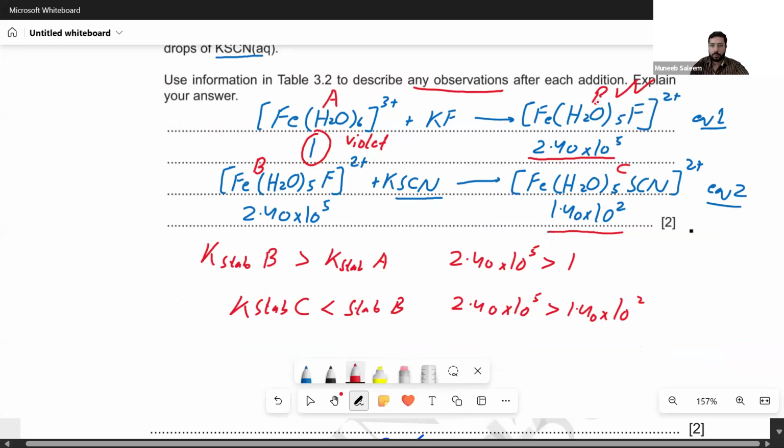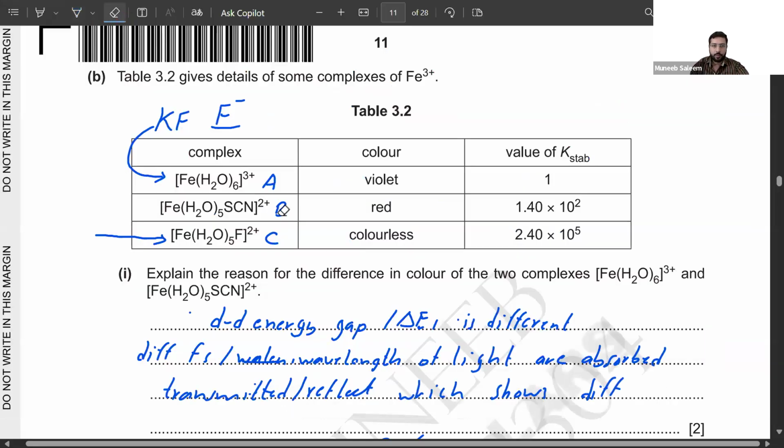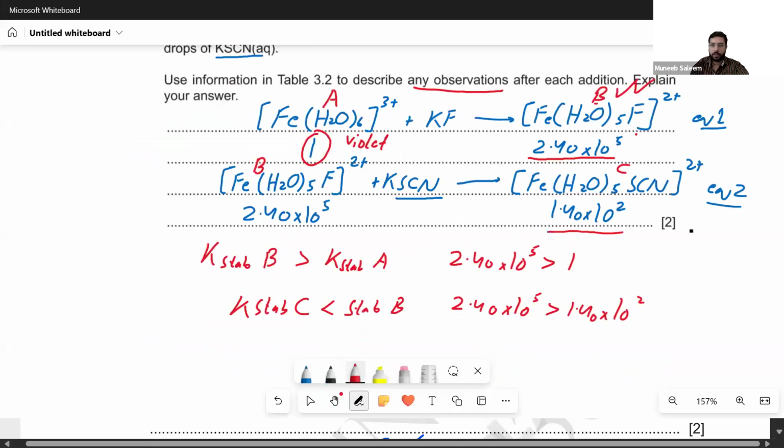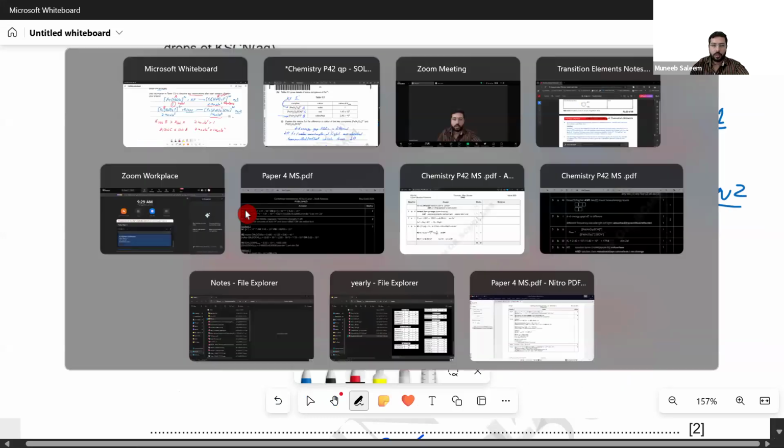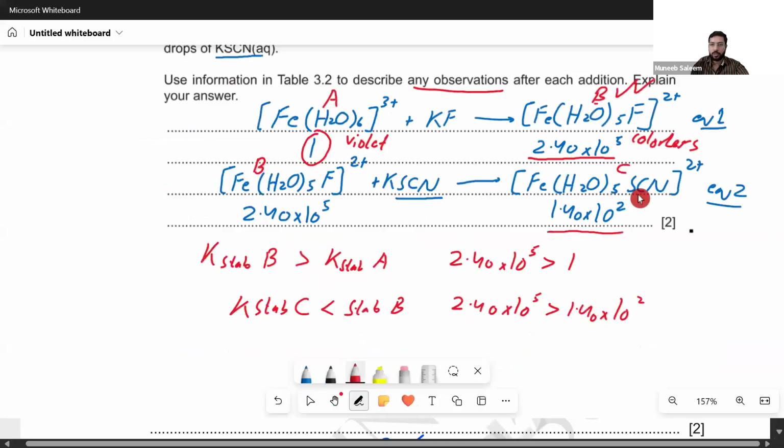This is complex B in my words, and this is C. The color of complex B is colorless, so complex B is colorless. And complex C is the FCN complex, which is red in color.